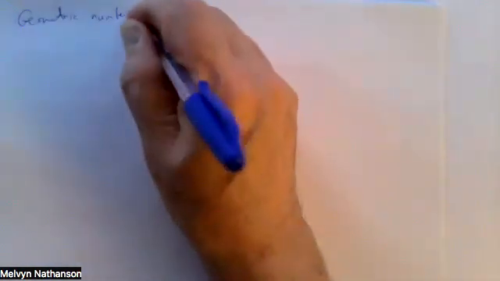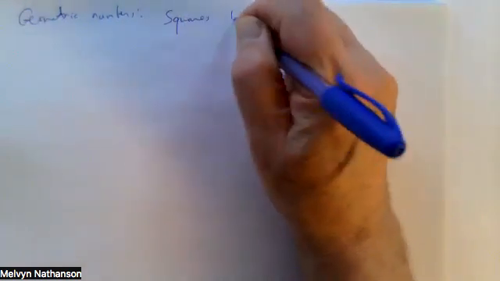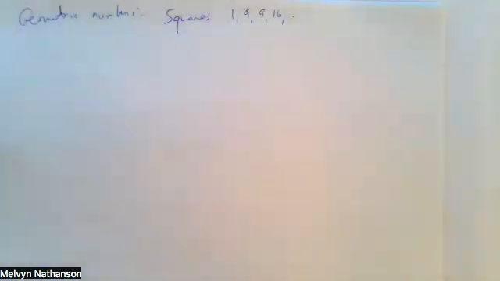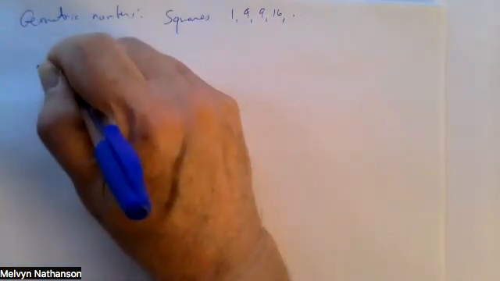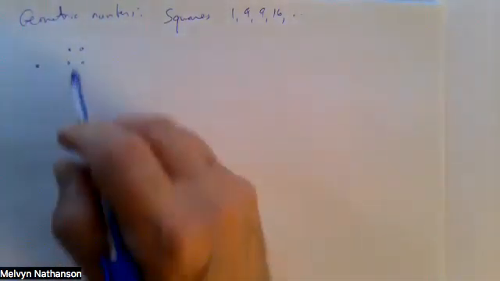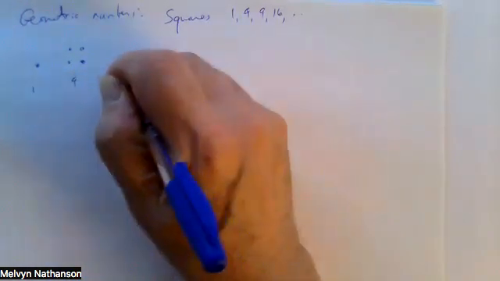So the geometric numbers that everyone knows are the squares: 1, 4, 9, 16, and so forth. And one reason they're called geometric numbers is because each square, well, there's 1. If you have the number 4, it's just the number of points in this little square. Right? This is 1, this is 4.